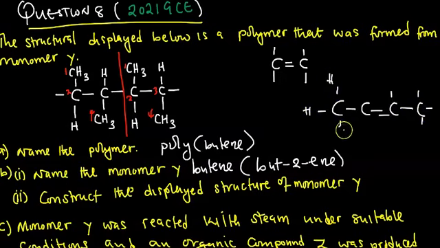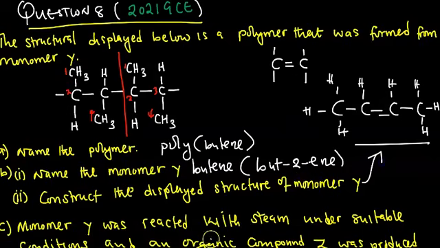Hydrogen, hydrogen, hydrogen. This one needs a hydrogen there. This one needs a hydrogen there. Hydrogen, hydrogen, hydrogen. So this is the displayed structure of monomer Y. This one. Monomer Y was reacted with steam under the suitable conditions, and organic compound Z was produced.